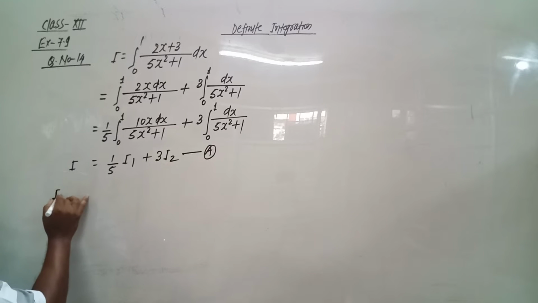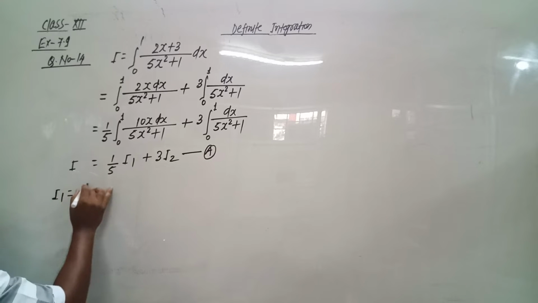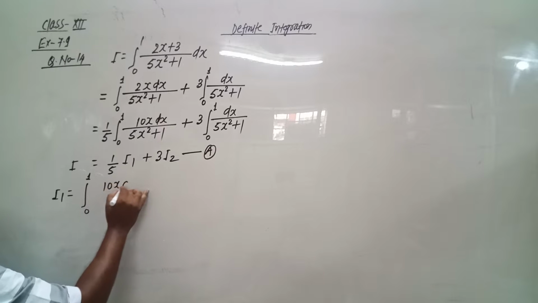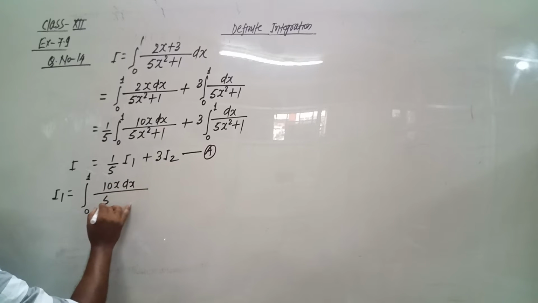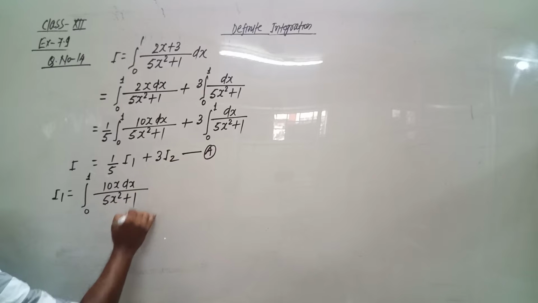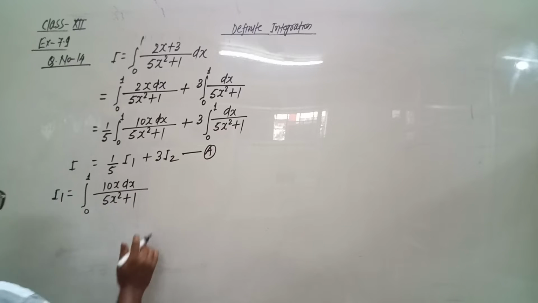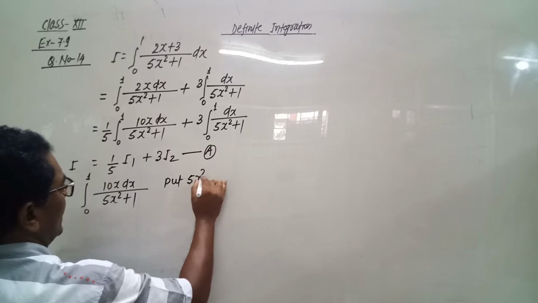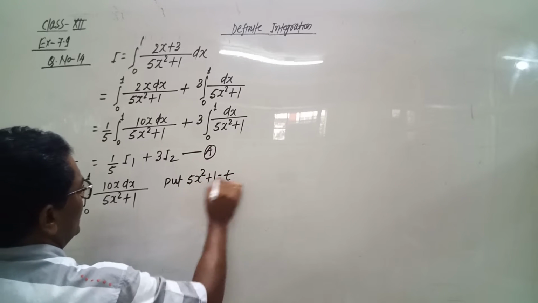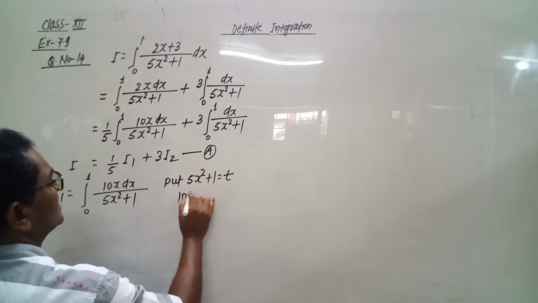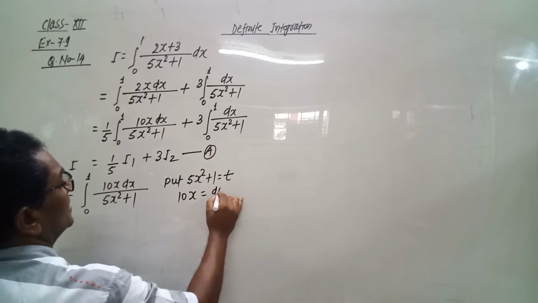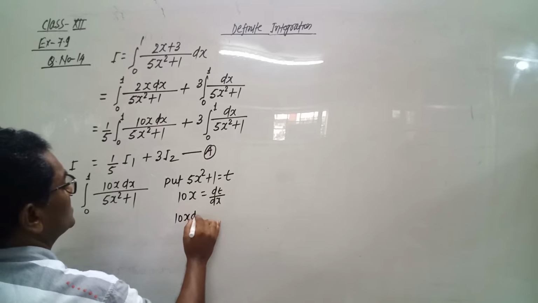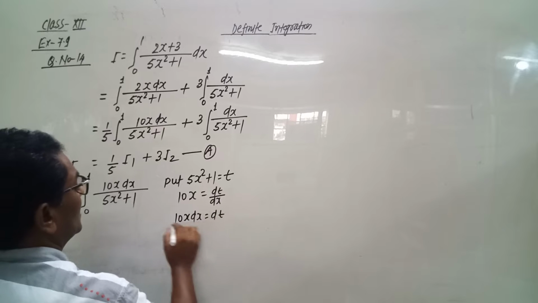So we calculate I1. I1 equals integration 0 to 1 of 10x dx upon 5x square plus 1. We put the denominator 5x square plus 1 equals t and differentiate with respect to x. So 10x equals dt by dx, and we get 10x dx equals dt.